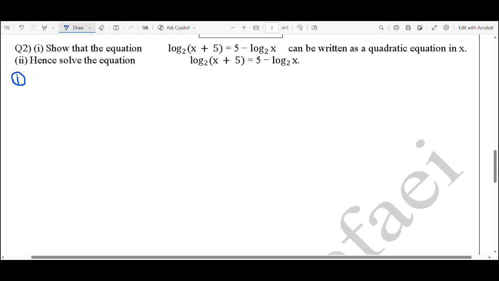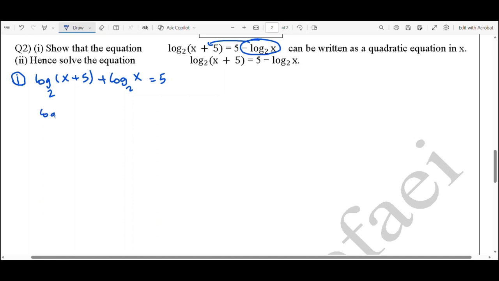As I said, I have more than one logarithmic term. I have to combine them to get one logarithmic term. Log x plus 5, move this one to the left side, plus log x. They both share the same base, which is 2, equals 5.